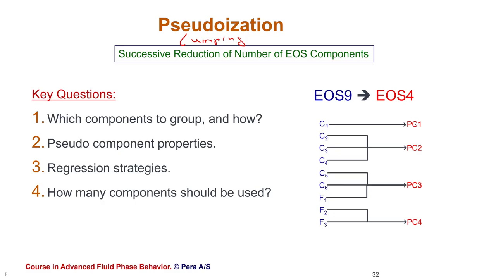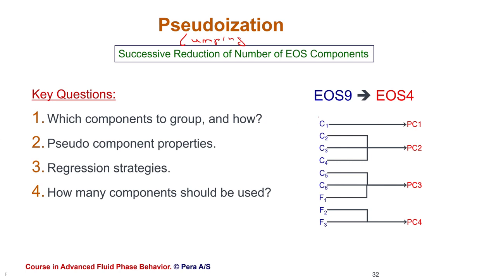Most of the time, I don't lump methane with another component. I can lump, for example, with nitrogen. Nitrogen is very convenient because it's a light component like methane, based on the similarity in terms of molecular weight between methane and nitrogen. A good approach is to lump both components in a single component.